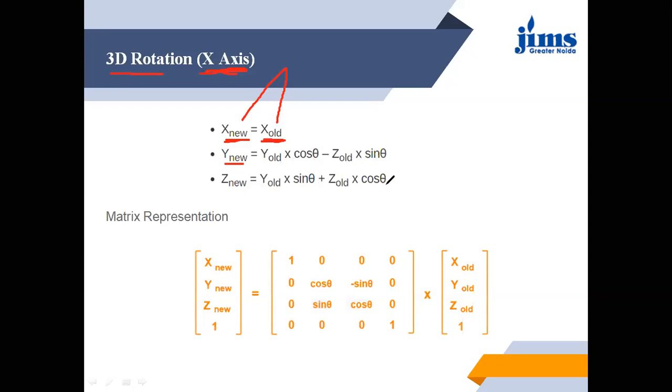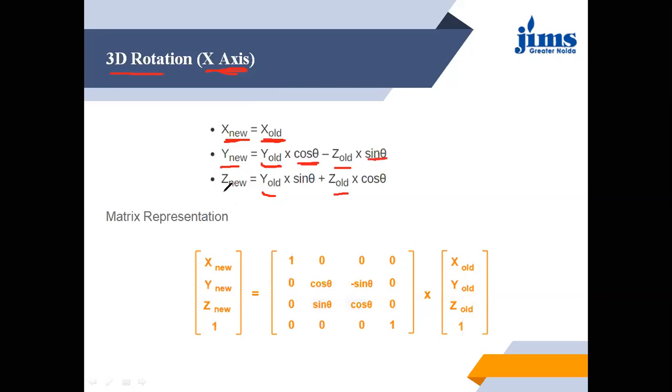You can see from here these are y old and z old. When we find the value of y new, we do y old multiplied by cos theta minus z old into sine theta.